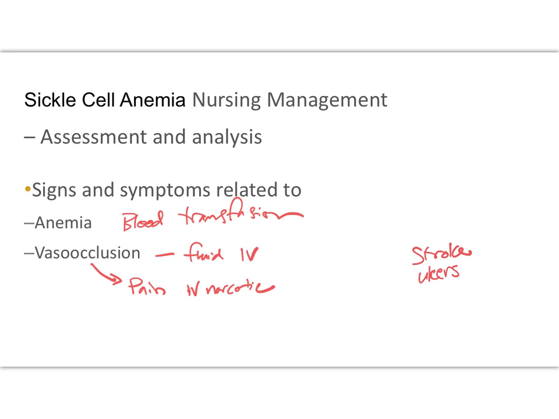What if those sickle cells are becoming blocked in the capillaries in my lungs? You're going to start seeing respiratory issues. And so they talk about severe lung compromise.